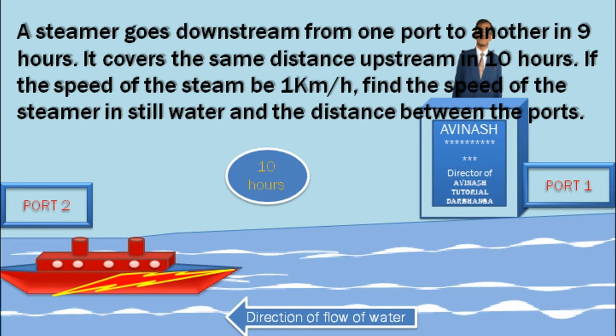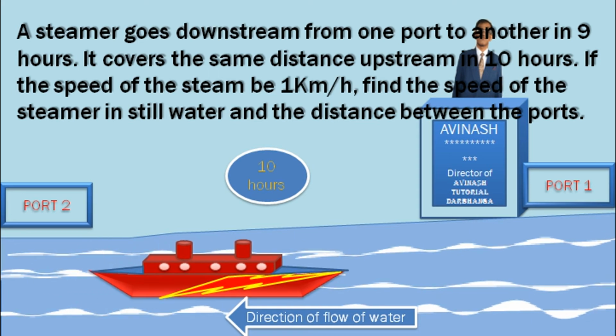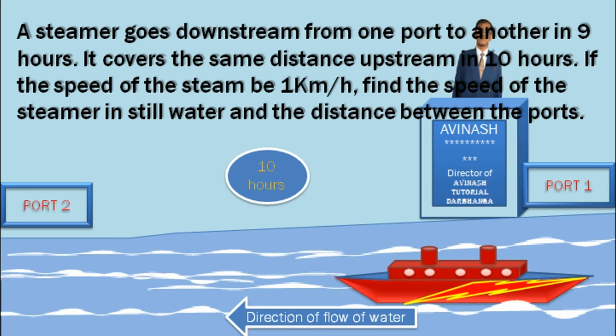So once again you can see that I have drawn a figure. There is port 1 and port 2, and suppose the direction of flow of water is from port 1 to port 2. Then as the steamer is going upstream, that means it will go against the direction of water. So while going from port 2 to port 1, it will take 10 hours.